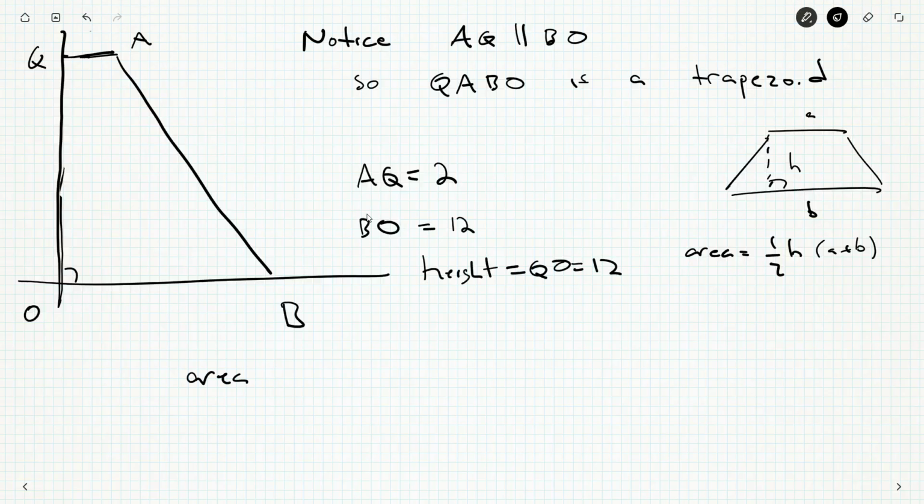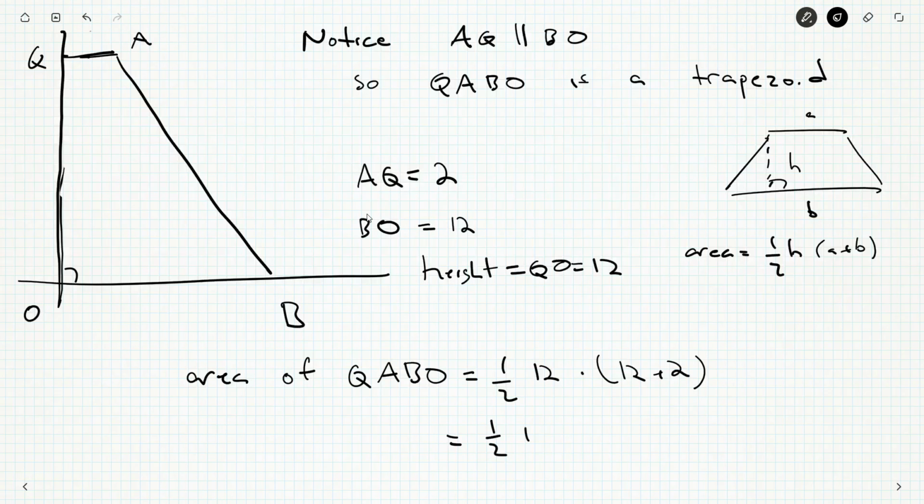So the area of QABO is 1/2 height times the sum of the parallel sides. So 1/2 times 12 times 14, that'll be 12 times 7, and that'll be 84.